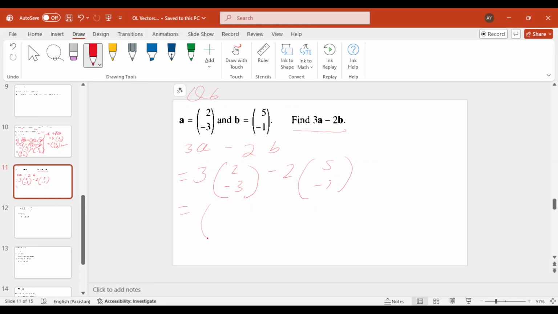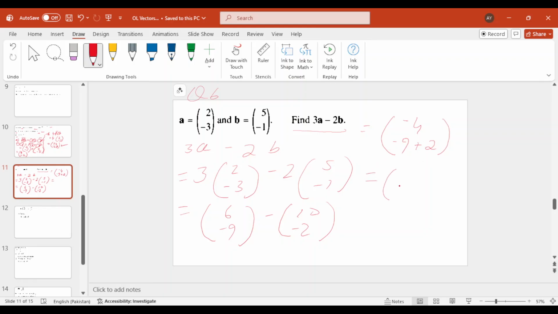This is equal to (3 times 2 is 6, 3 times minus 3 is minus 9) minus (2 times 5 is 10, 2 times minus 1 is minus 2). This is equal to (6 minus 10 = minus 4, and minus 9 plus 2), because algebraically minus minus becomes plus.